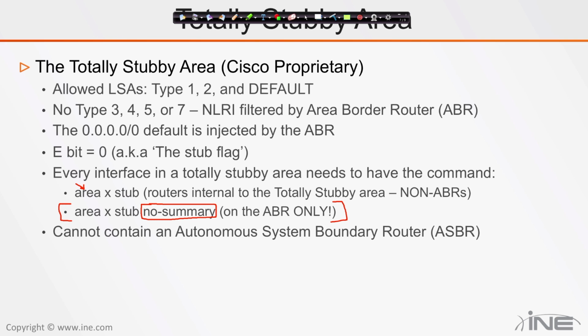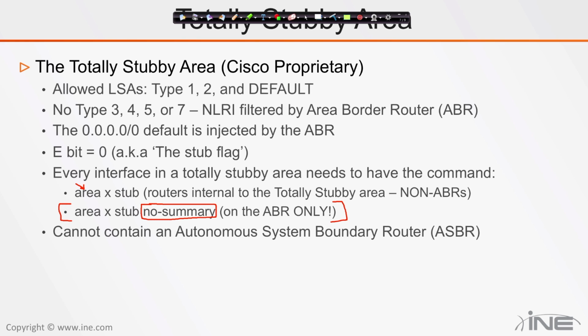So routers that are simply, hey, we just have an interface in area 127 and that's it. So the correct way to do this is on the ABR, you say area 127 stub no summary, because again, remember, it's the ABR and only the ABR that is responsible for filtering that network layer reachability information, right? The leaf or internal routers to area 127, they're not responsible for that, because again, they're not ABRs.